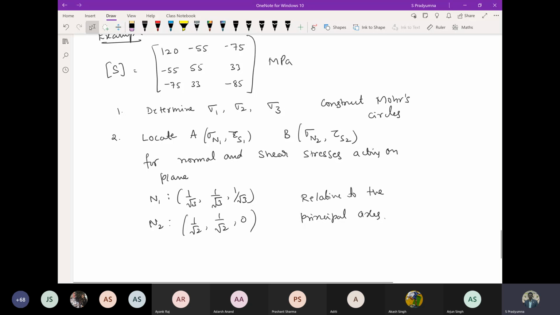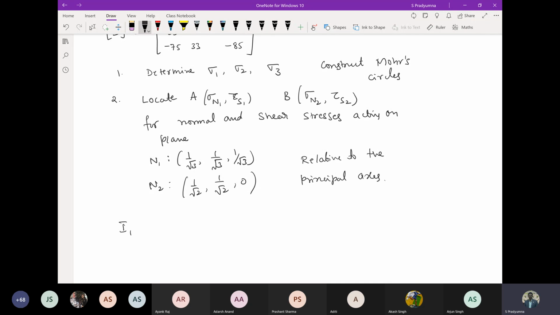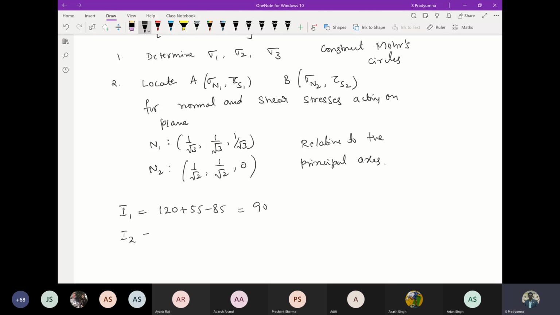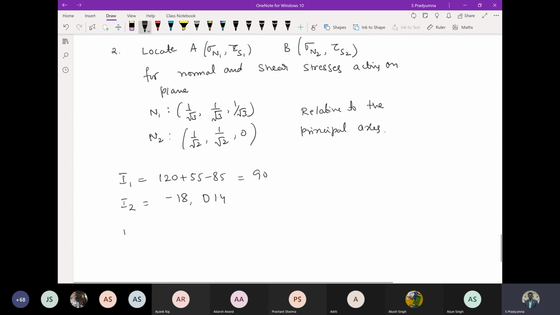Okay, for the given state of stress, I quickly calculate the principal stresses. I1 is equal to 120 plus 55 minus 85, that is equal to 90. I2 is minus 18,014. I3 is the determinant of this, that is equal to 471,680.